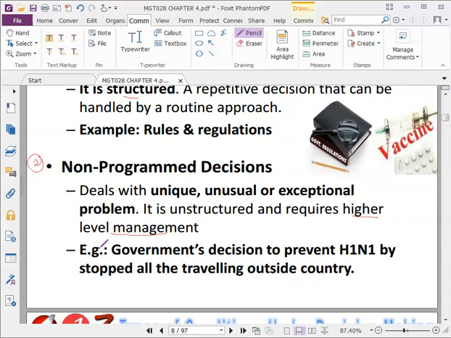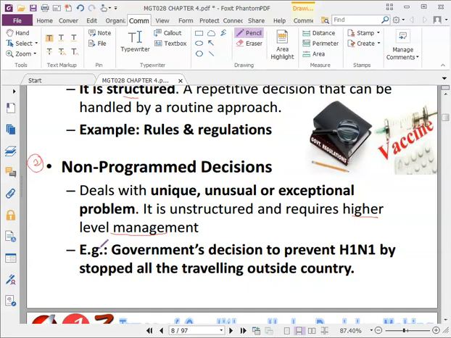Okay, masa tu saya tengah study lagi, ada H1N1. Okay, saya tengah study dekat universiti. Okay, so what the government decided is to prevent or to stop all the travelers from the other country to come to our country, okay, come to Malaysia. So because of to prevent H1N1, that is non-program decision.